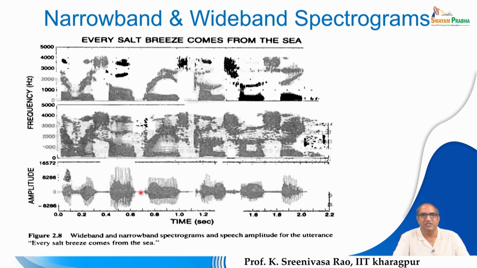As I told you, this speech signal is split into 2000 frames, because for every 1 millisecond I have a frame of duration 20 milliseconds. So there are a total of 2000 frames, and now I will compute the Fourier transform for these 2000 frames separately.